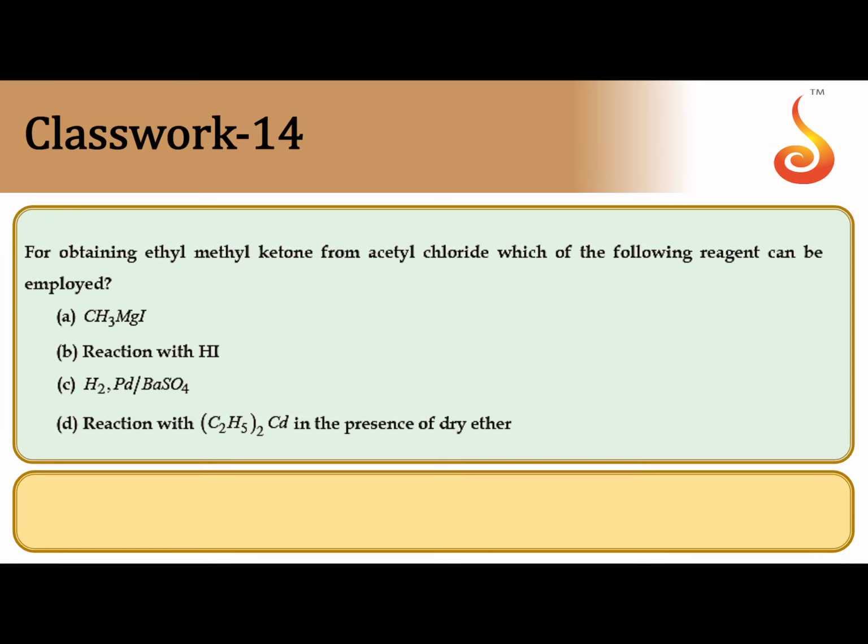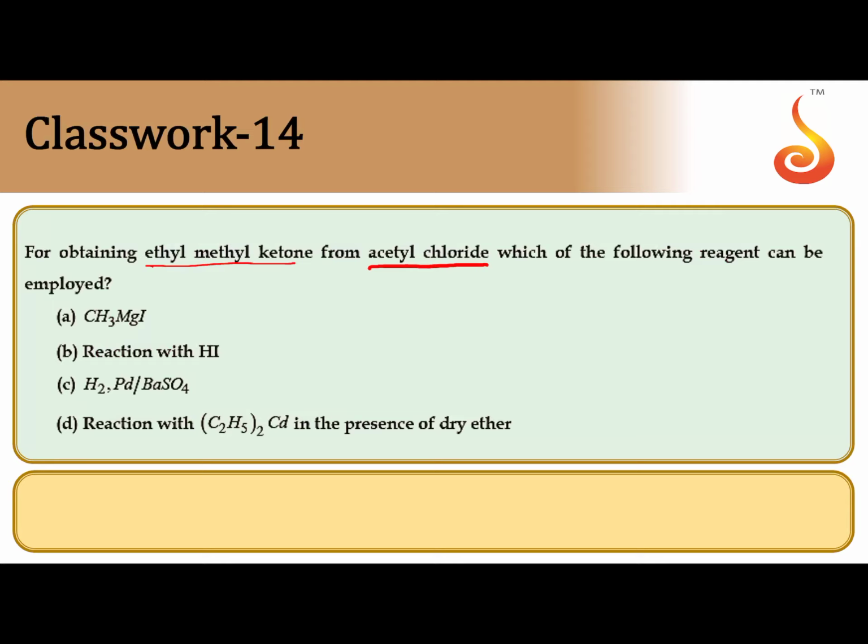For obtaining ethyl methyl ketone from acetyl chloride, which of the following reagents can be employed? So what do we have to prepare? Ethyl methyl ketone. Ethyl one side, methyl other side, 2-butanone. That we have to prepare from acetyl chloride, CH3COCl.